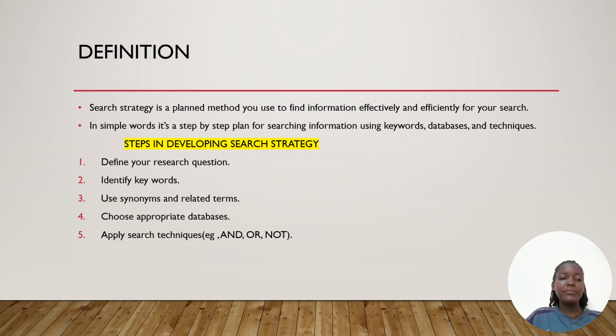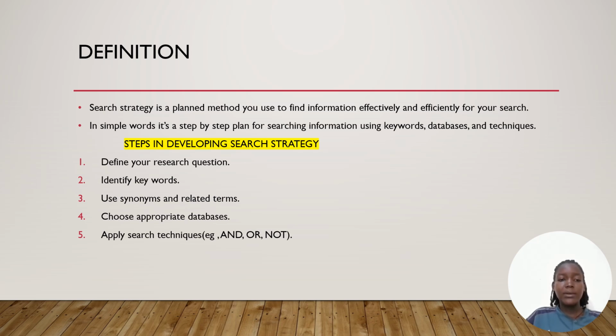After that, identify the keywords in your research question. Like if your search is all about education, and maybe let's say the effect of mobile phones on students' performance, you identify the keywords in the question.